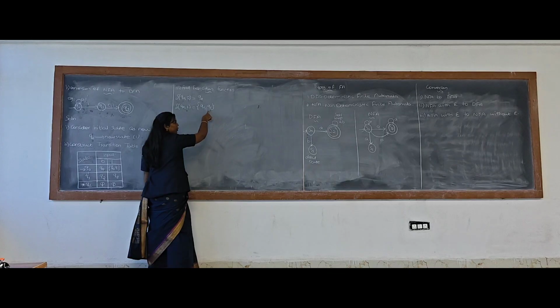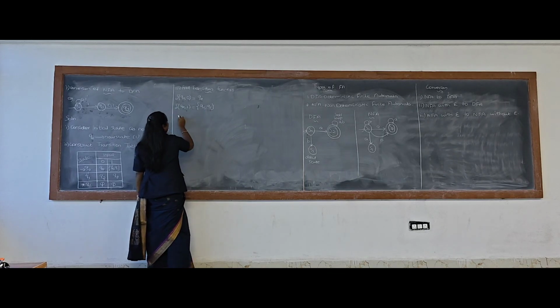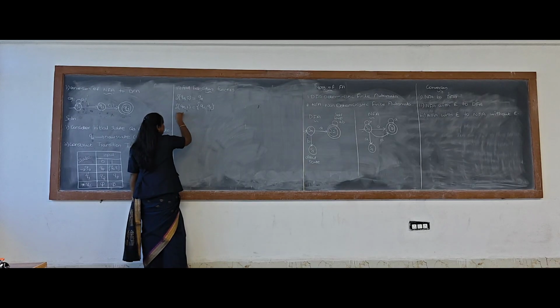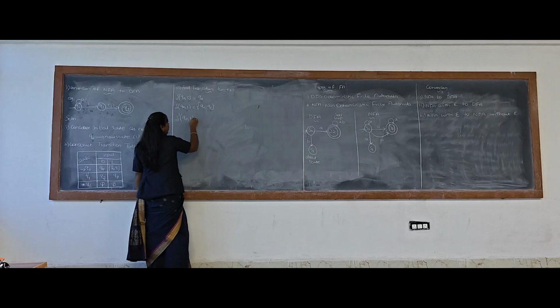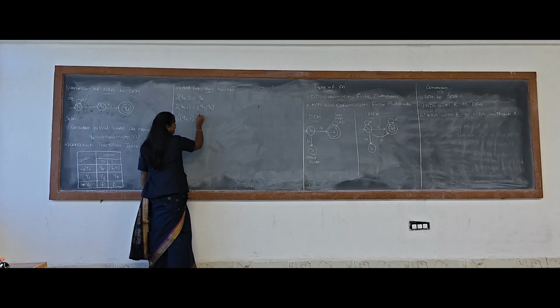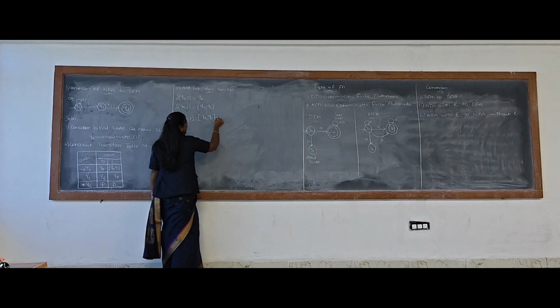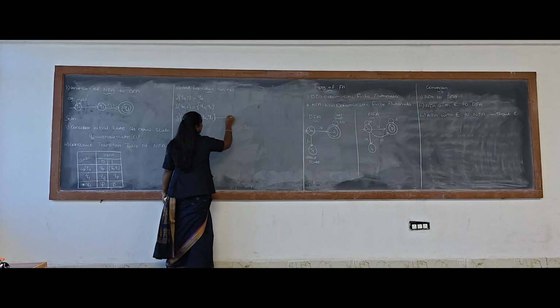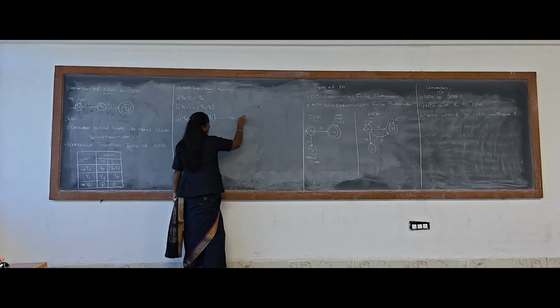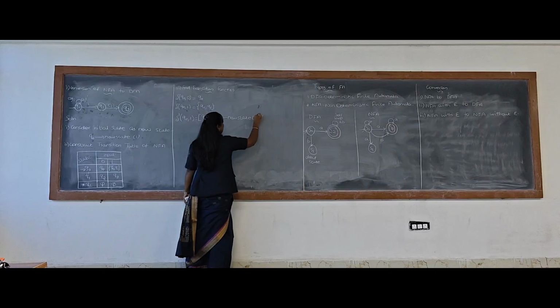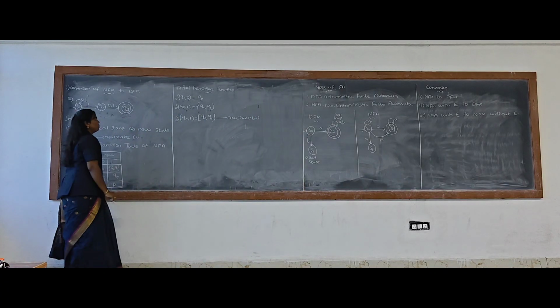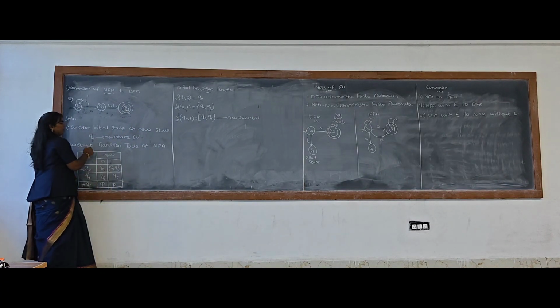To differentiate this as a new state, we mark this delta dash, which means transition function dash of Q naught comma 1. Instead of the curly bracket, we should mark this with a box bracket. So Q naught comma Q1, and we mark this as new state 2.